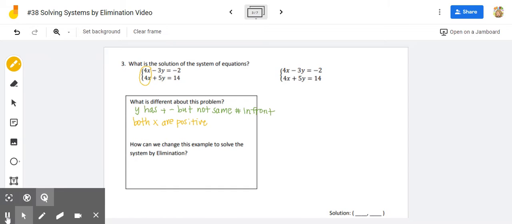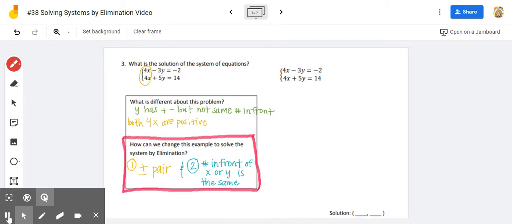But we do notice that both 4x's are both positive, which is a good thing, and they also have the same number in front of the x. They both are 4x. So to change this equation to help us eliminate, we need to make a positive-negative pair first, and we need to make sure the number in front of the letter is exactly the same.